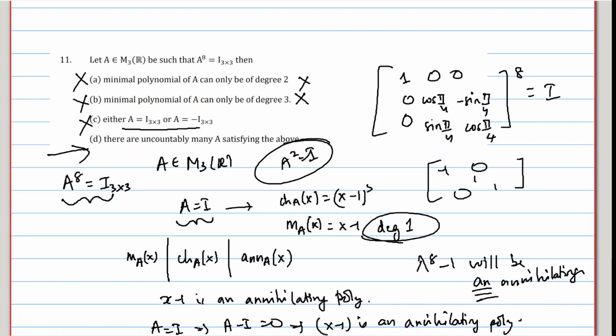Angles like 4n plus pi by 4 have countably many values, but the moment you take cos, it has only one value. So that is not giving us many matrices. That is only giving us the theta. Ultimately, the matrix we are getting will be the same.